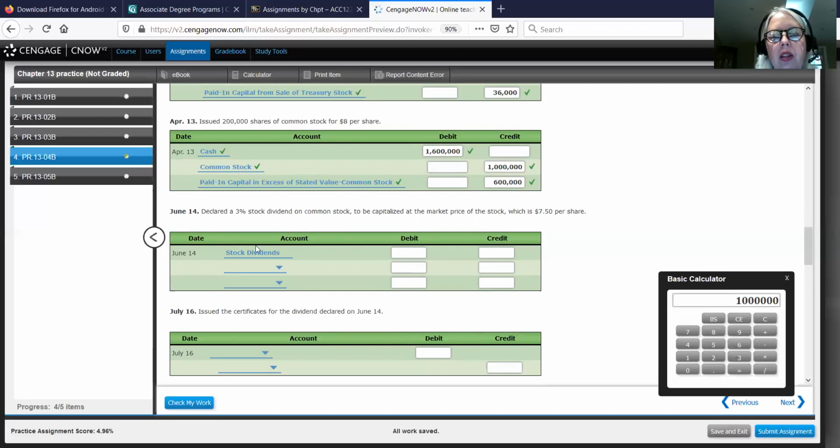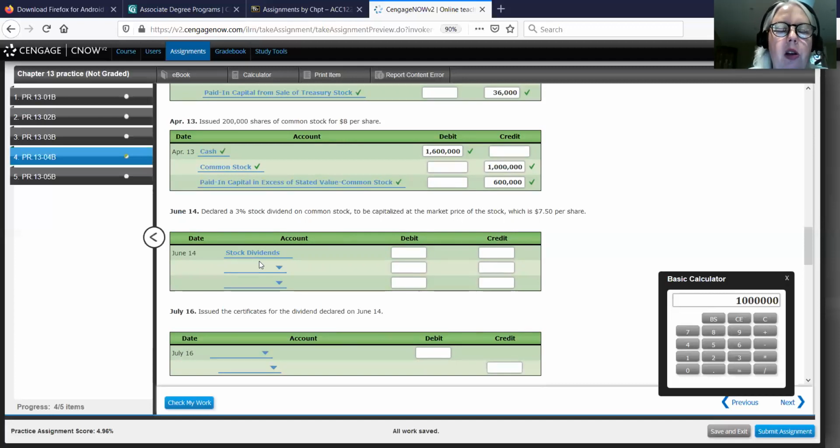It's sort of like the withdrawals for a proprietorship type of organization, but since this is a corporate form of business, we distribute our net income to our stockholders through either paying a cash dividend or, in this case, a stock dividend.